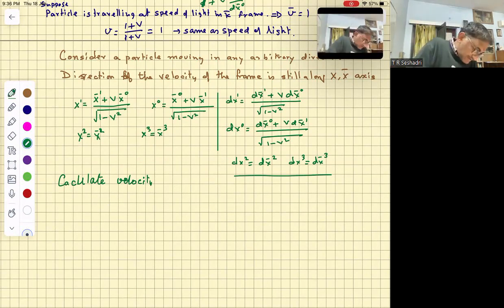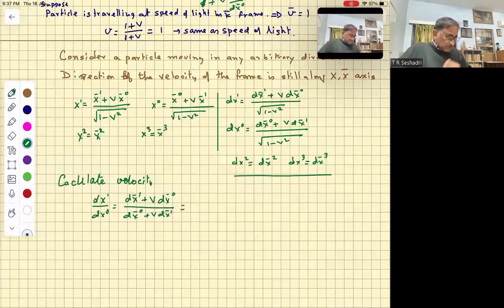And so I have dx1 by dx0, as before, equal to dx bar 1 plus v dx bar 0 divided by dx bar 0 plus v dx bar 1.